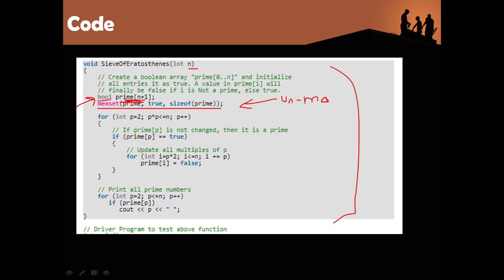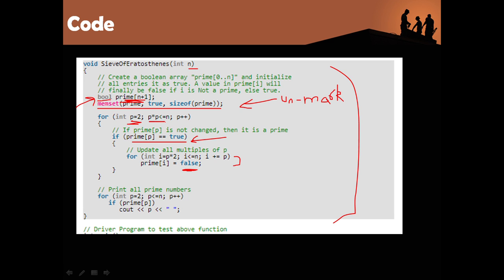Then we choose the first unmarked number, which will invariably be 2, and so we see that if the prime[p] is true, that is, it is unmarked, this condition evaluates that the number is unmarked. Then we continue in the loop and we mark all the multiples of the number p. And how long does this process continue?